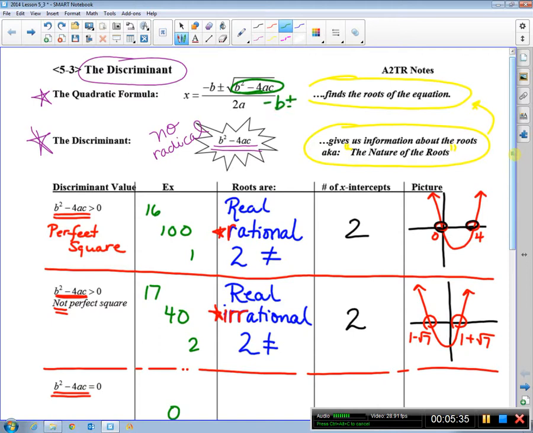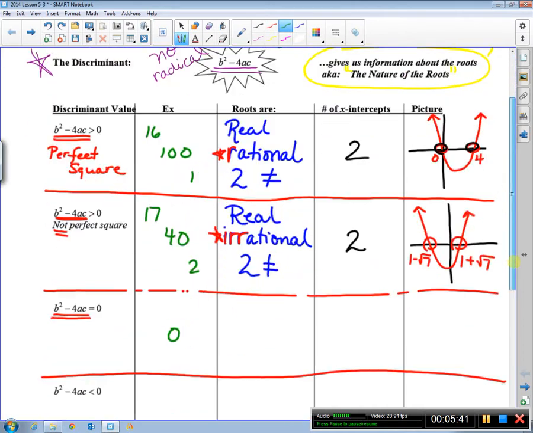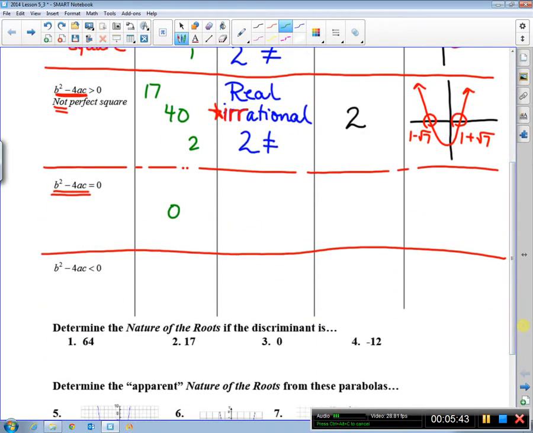Negative b plus and minus 0 over 2a. So this whole part doesn't even matter, adding 0. We're going to get a nice looking fraction. It's still real. It's going to be rational. There's only going to be one of them, really.